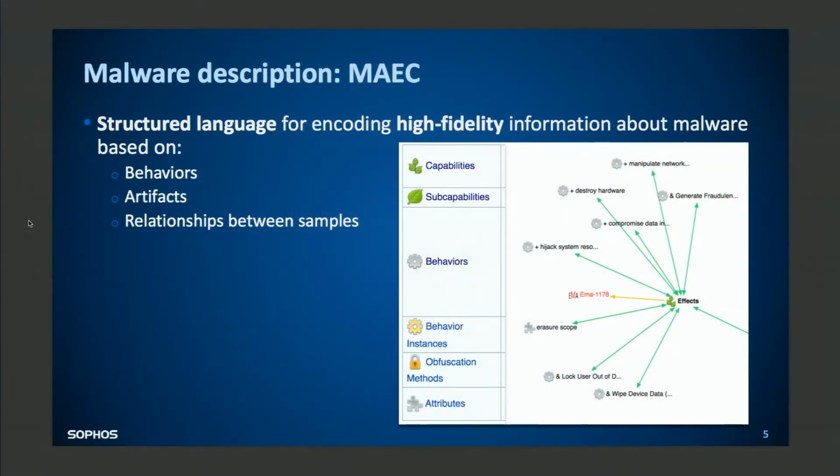How does the industry talk about malware description? The gold standard for malware description today is the MITRE framework. It has been developed by the MITRE Corporation, and it's a structured language that encodes very high fidelity attributes about malware samples. This goes very deep into things like what kind of obfuscation methods the malware uses, what kind of privilege escalation techniques it uses, etc. So it's very high fidelity and very fine-grained information about a given malware sample.